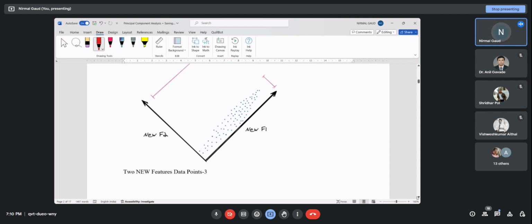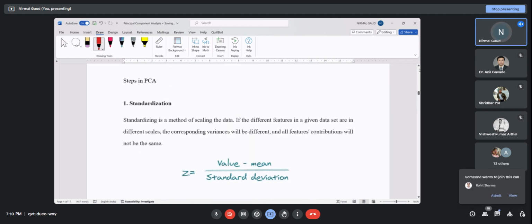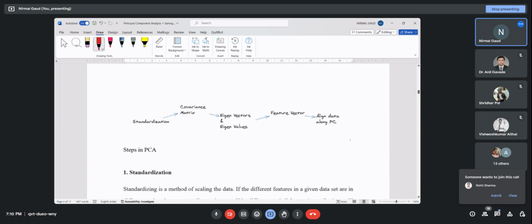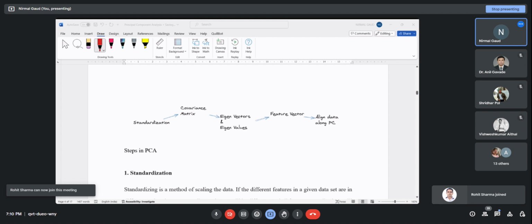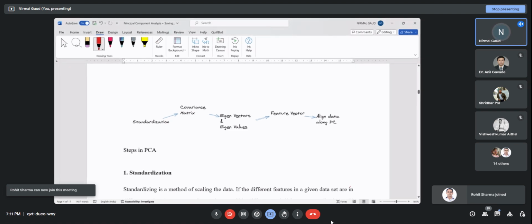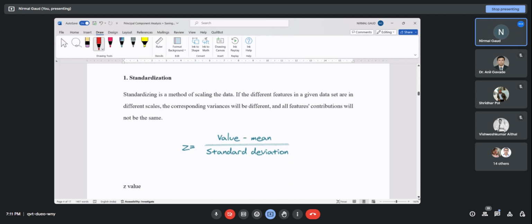Okay, so there are certain steps to perform PCA, and we were discussing these steps in the last class. What are these steps? Your first one is the standardization of the data, and we did have a good discussion over it. Standardization, what does it mean, why do the standardization?